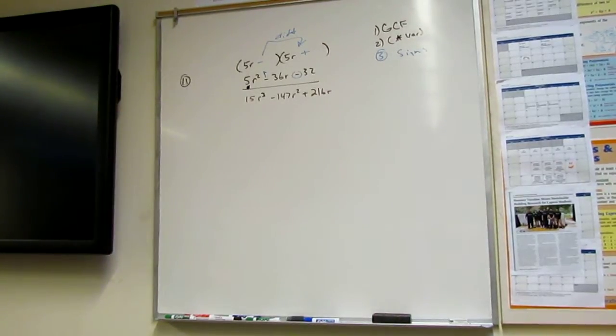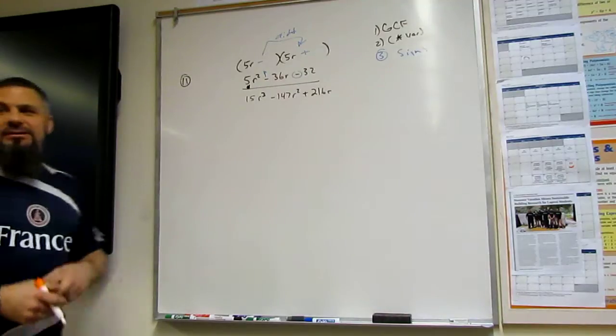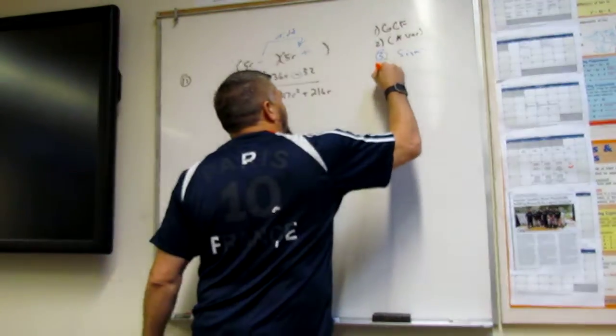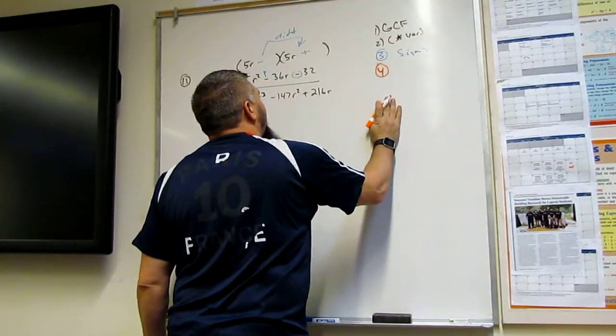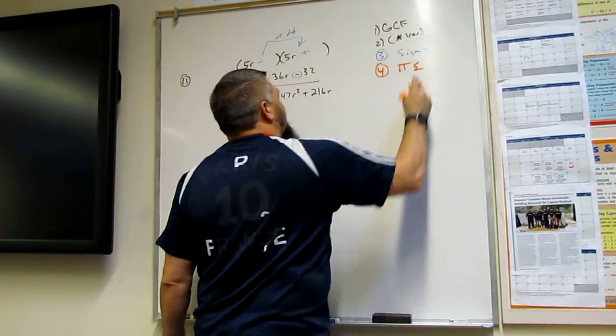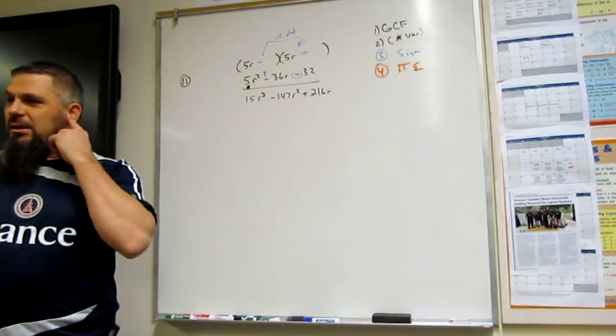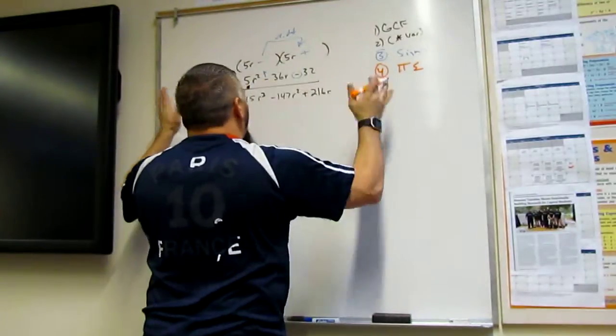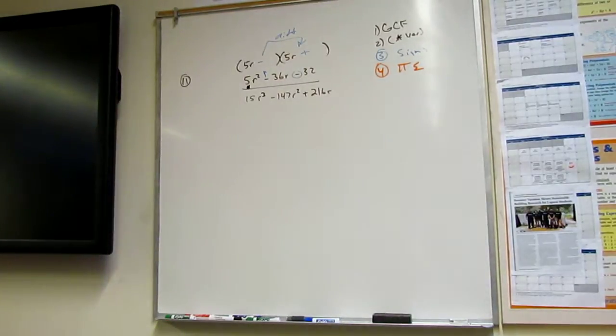All right, Antonio. The hardest part here. Step number 4, right, is my product and my sum. Okay. So the product is, Antonio, what is the product? If you don't know the number, just tell me the numbers that you're multiplying.